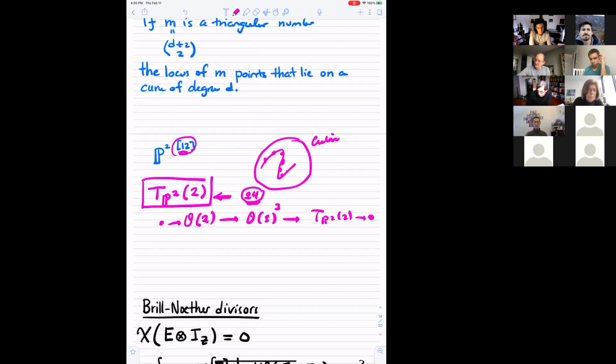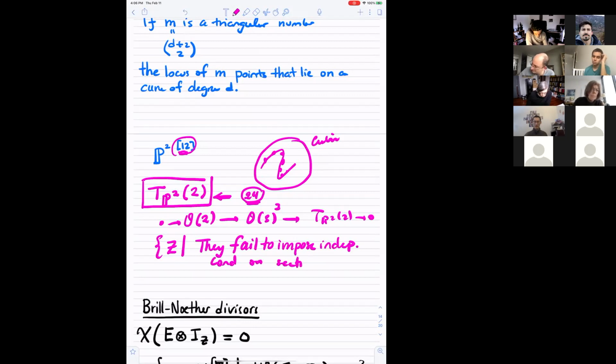So it turns out that in this case, the most special configuration of points is like this. It's the set of points Z such that they fail to impose independent conditions on sections of this bundle. And this wouldn't be the first thing that most people would have guessed, I don't think.